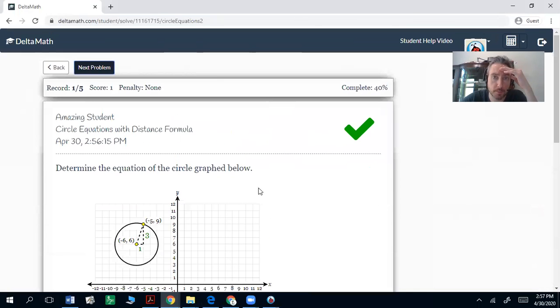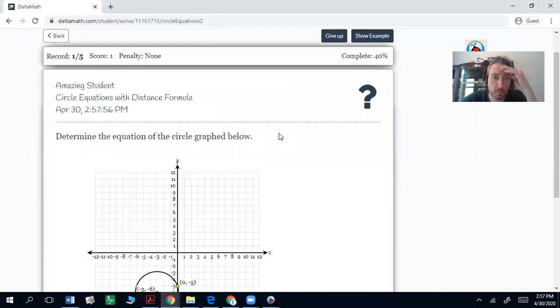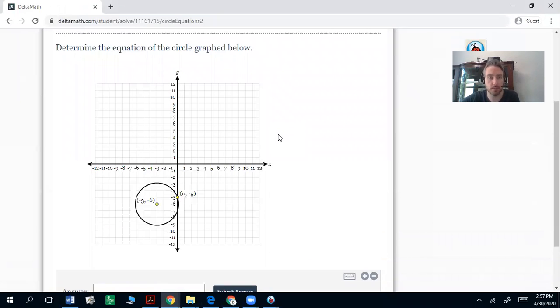So let's do one more. Determine the equation of the circle graph below. So in this problem here, your center is -3, -6. So both the x and y coordinates are negative. So you're going to switch both signs when you plug it into the formula.